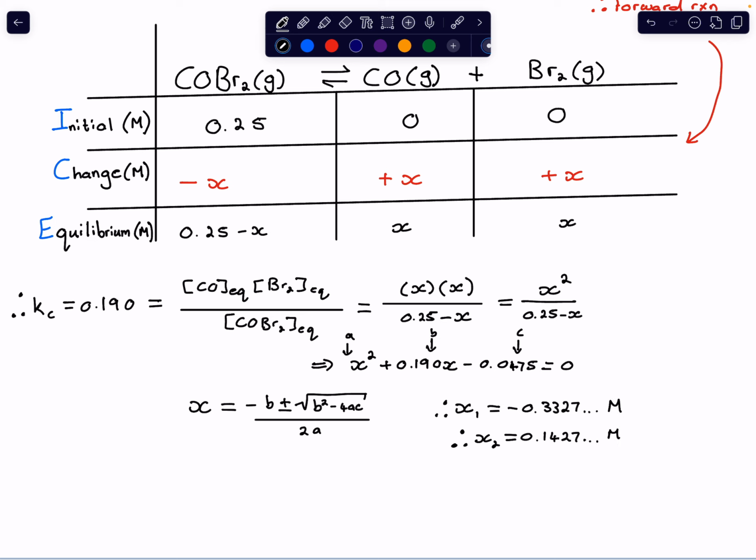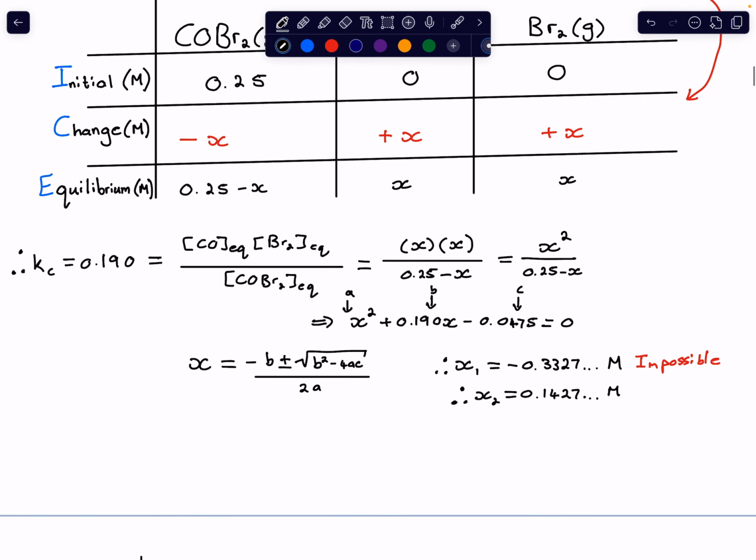Each of these are molar, and the negative value is impossible. Right? Why? Because, well, we can't have a negative equilibrium concentration. So if you link it back here, you can't have a negative concentration. So that means only X2 is a viable option for us to utilize going forward.